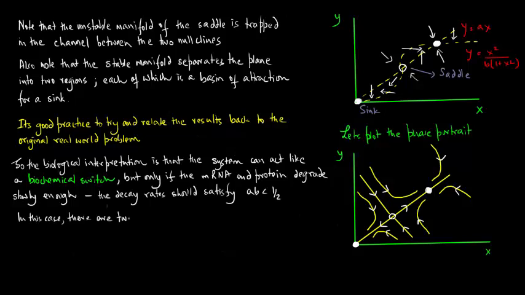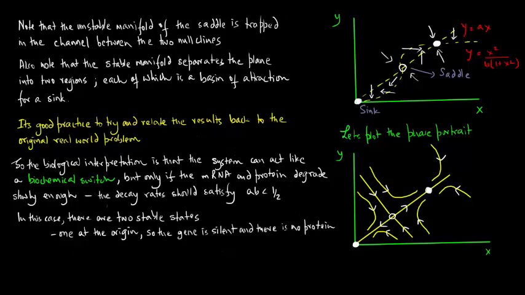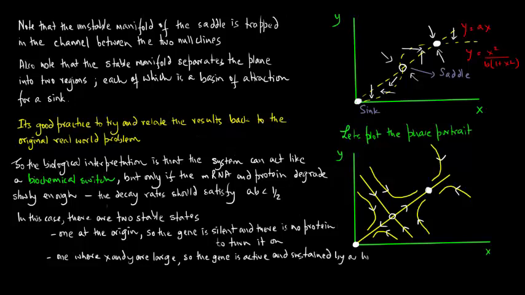In this case, there are two stable states. One at the origin, so the gene is silent and there is no protein to actually turn it on. And one where x and y are large, so the gene is active and sustained by a high level of protein.